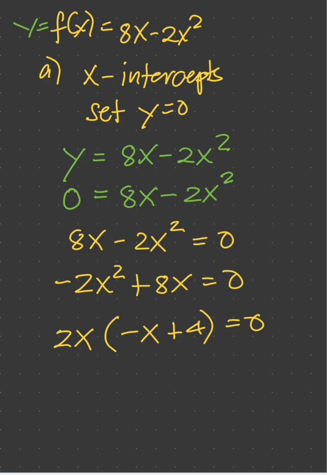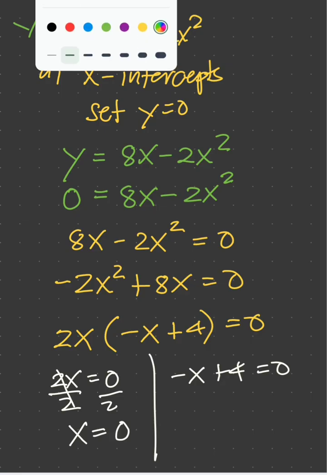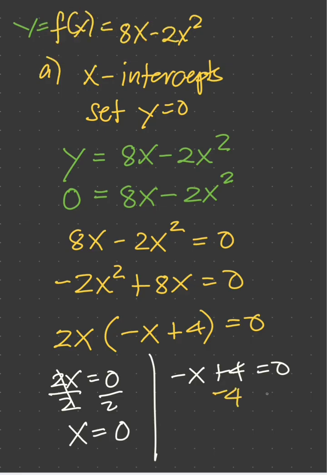So we can equate each one of them. This is 2x equals 0, and the other one is negative x plus 4 equals 0. Then divide both sides by 2. One of the values of x is equal to 0, and for the other one, we subtract 4 from both sides. So we have negative x equals negative 4. Then we divide both sides by negative 1.